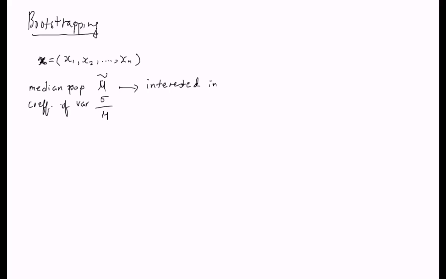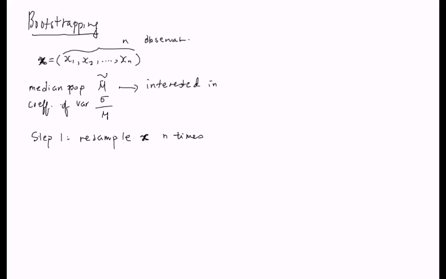All right. So what do we do? So the first step is we resample the observation vector x n times, right? So it depends on how many observations there are. There are n observations.